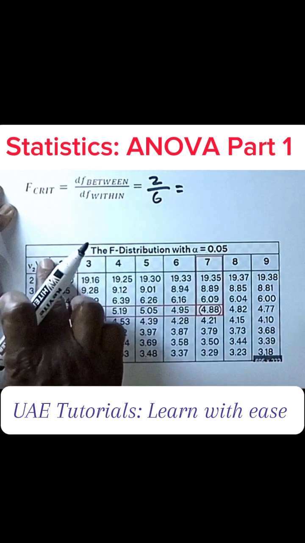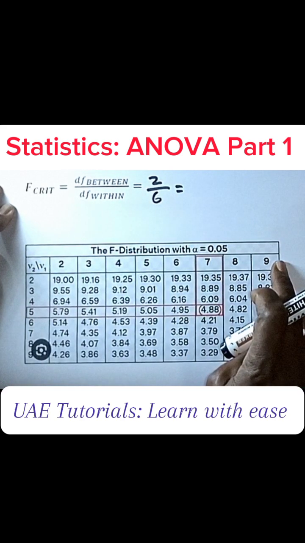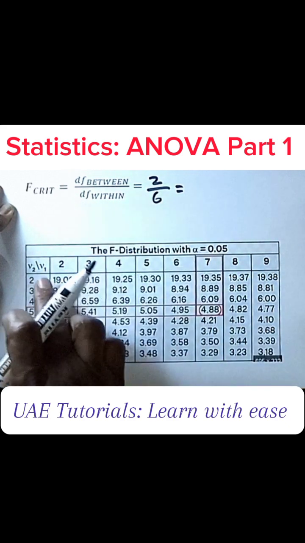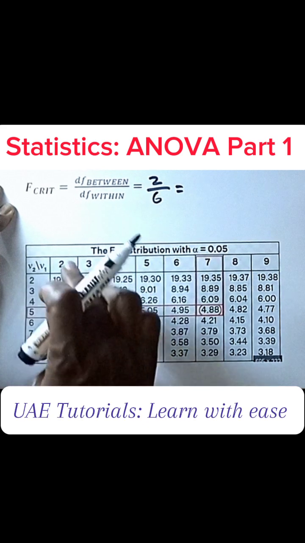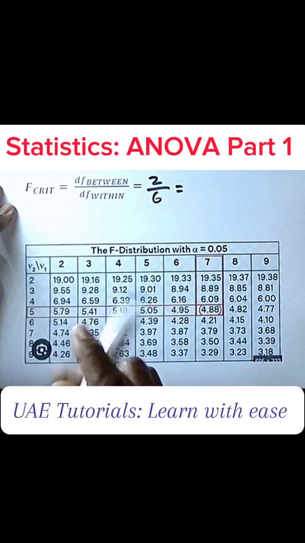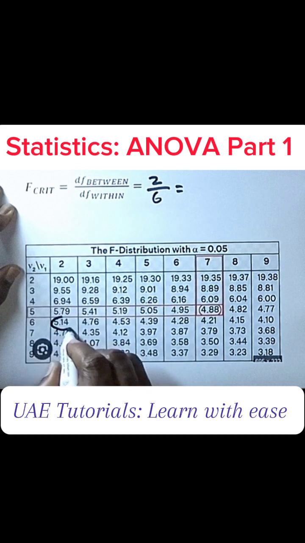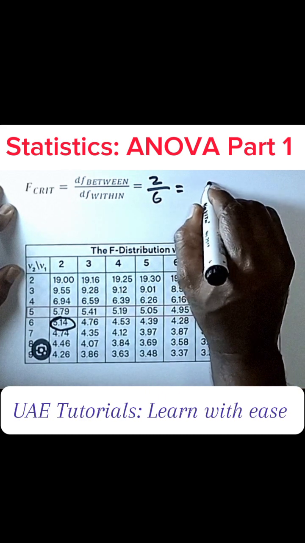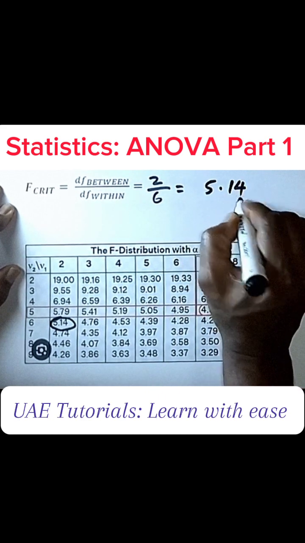This 2 you will read from the horizontal part of the table, while the 6 you will read from the vertical part of the table. So we have 2, you read it up to 6. So that's our F critical value, giving us 5.14.